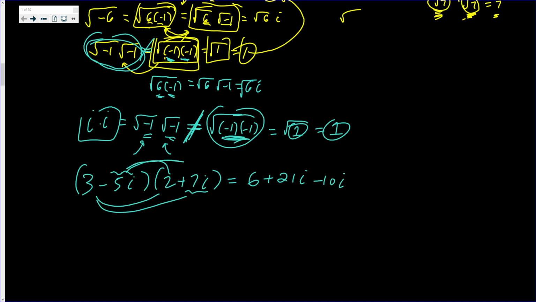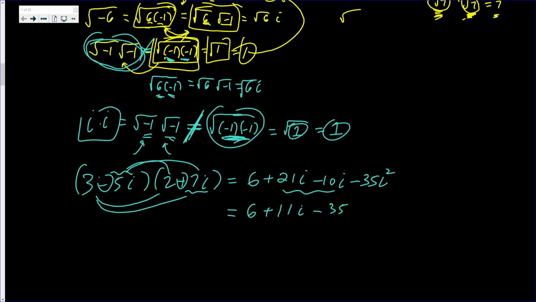And negative 5i times 7i, well, a positive times a negative is negative. 5 times 7 is 35. i times i is i squared. So we have 6, and if you want to combine these now, it's 11i minus 35 i squared.